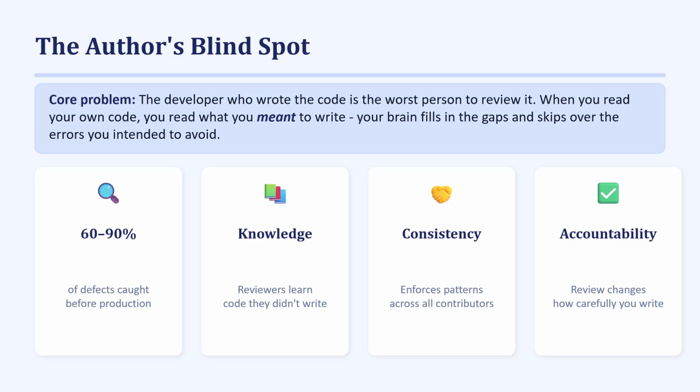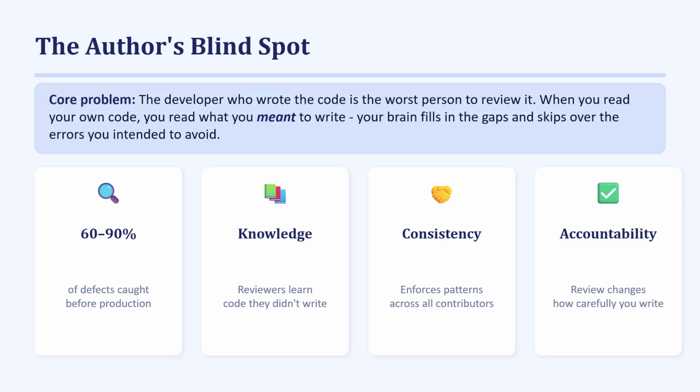And there are some secondary benefits beyond finding bugs. Some of this is knowledge sharing. So reviewers are going to learn about parts of the code base that they didn't write, and authors get a second opinion on their design choices. Consistency is important. Code review is how a team ultimately enforces a consistent style and patterns and quality across all of the project contributors.